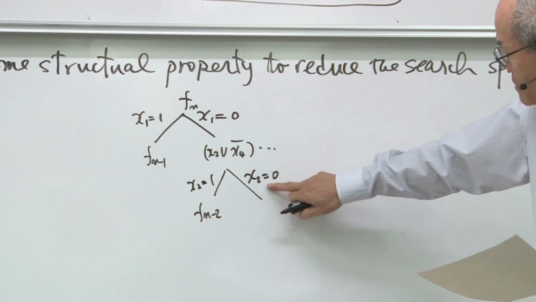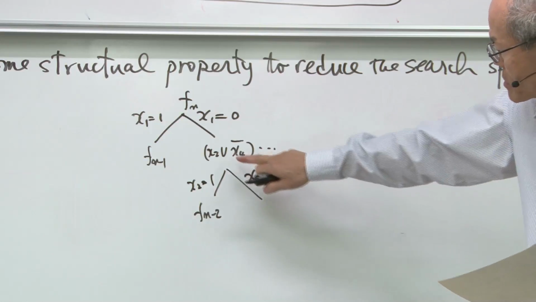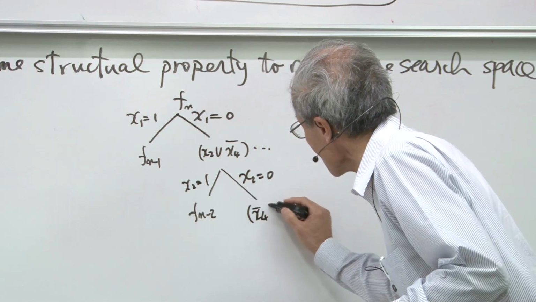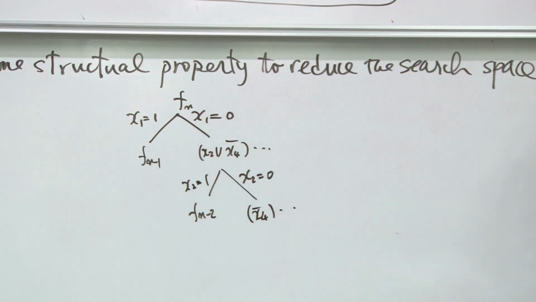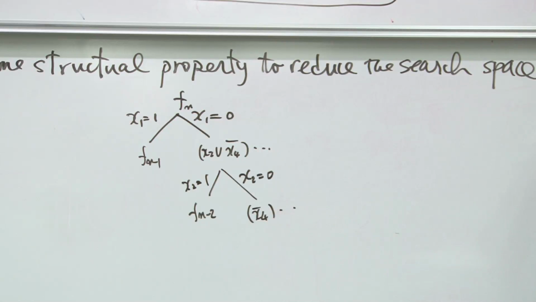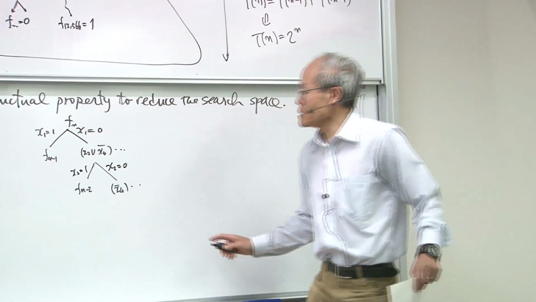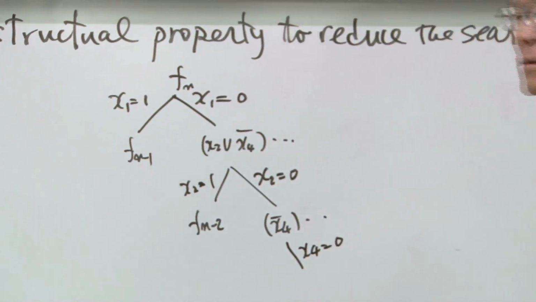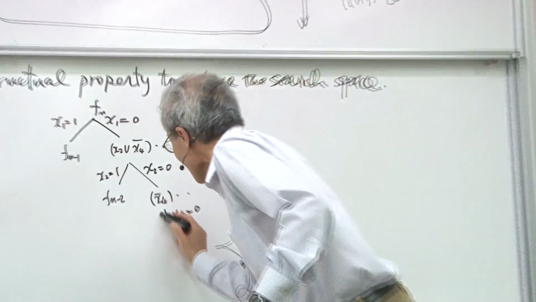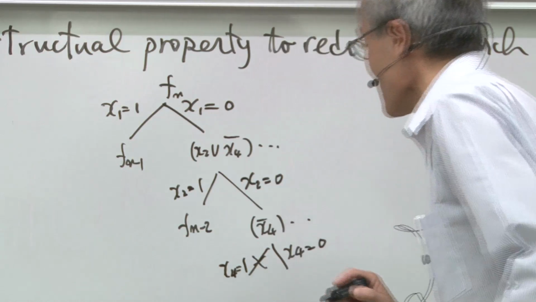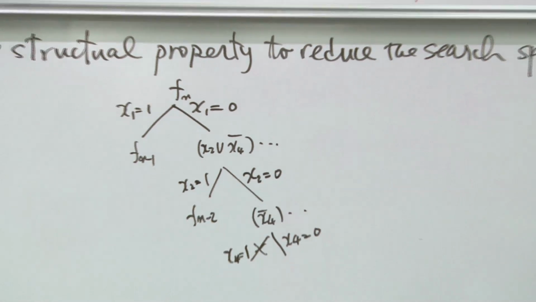Now, if we set x to equal to 0, then the formula becomes x4 bar. The formula has a clause of single variable. Then, again, it's completely safe to assign this variable 0. We don't need to check x4 is equal to 1. You don't have to check.